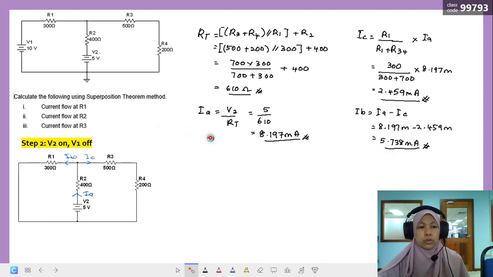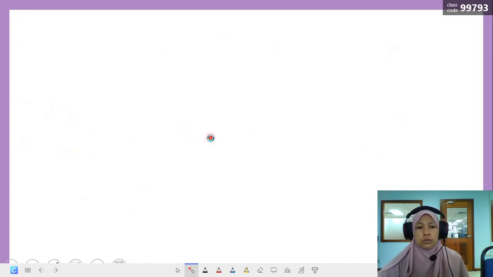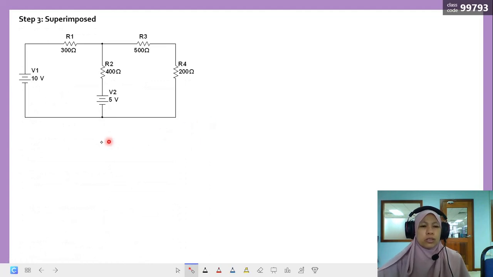So we go to the last step, which is we need to superimpose. For superimpose, we just draw the original circuit, and then we draw the current flow from step 1 and step 2. So I total here, this is I1, and then this is I2.